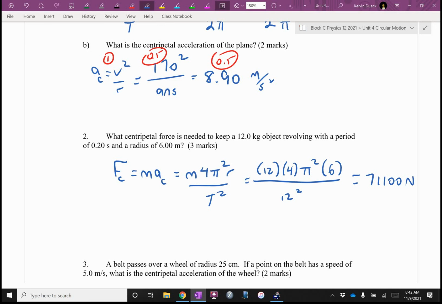What's the period? That means it's rotating, I'm going to do some quick math in my head, 5 times a second. To spin a bowling ball around 5 times a second on the end of a rope 6 meters long, would that take a fair bit of force? Okay, I actually relaxed after I thought about it and I said, oh yeah, it should be a massive force.